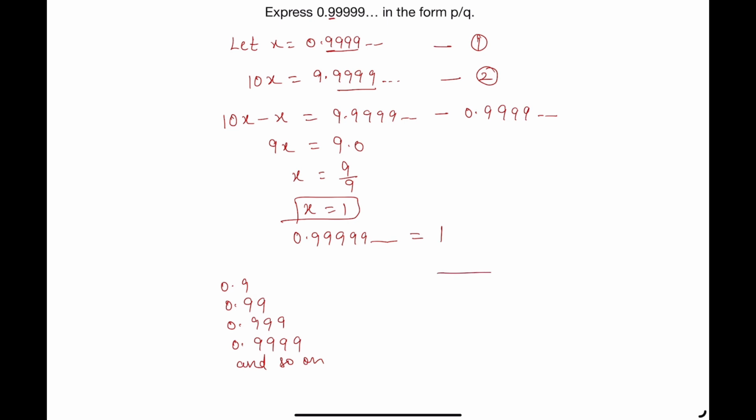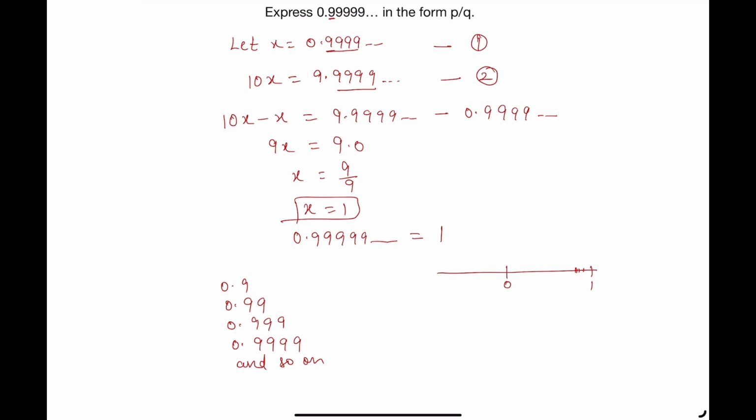So here is your number line, here is 0 and here is 1. Say 0.9 is here, then 0.99 is here, then here, then here. So we are getting close to 1, right?